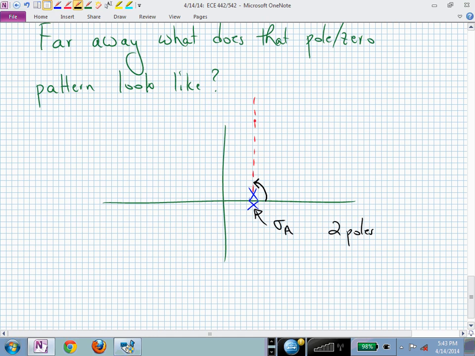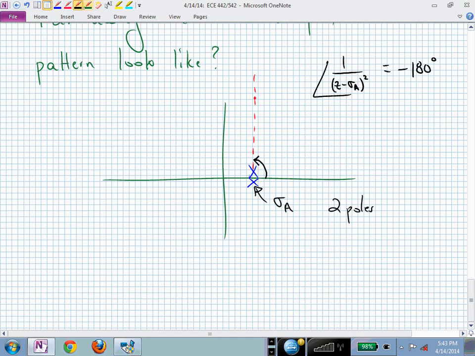So you have 2 poles contributing each 90 degrees. In other words, we're looking at the angle of this expression, z minus sigma sub A downstairs, and we have 2 of them. We're looking at the angle of that, and we know that that needs to equal minus 180 degrees.